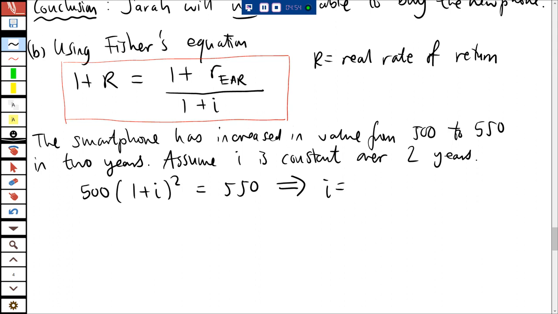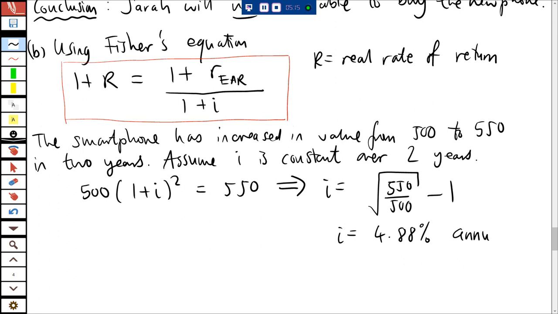Okay, so I'm going to divide through by 500, take the square root and subtract 1, and if we pop that into the calculator, I have an approximation of 4.88% annual inflation. Okay, so there's my rate of inflation, my little i.